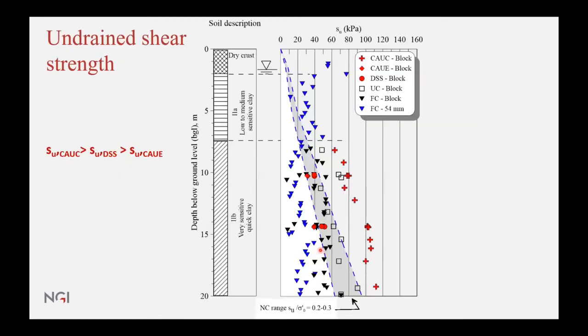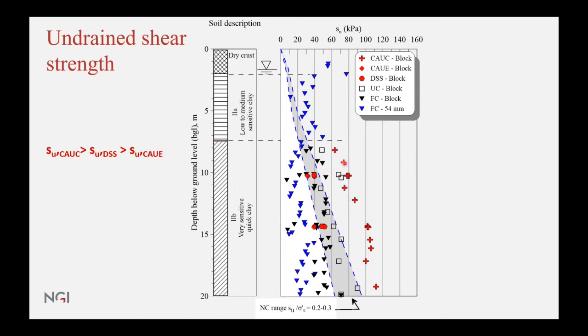This here is an example again from our research site, just showing these different numbers, where the undrained shear strength in compression is larger than the one in direct simple shear, and again larger than the one in extension. For this case here, we have the undrained shear strength on one axis with depth, and at our research site, we have very sensitive clays from approximately 7-8 meters below the terrain.